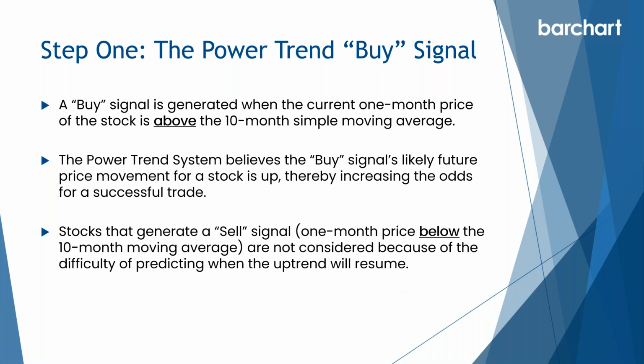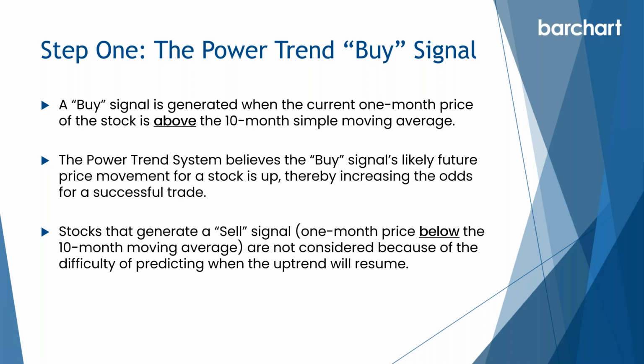A lot of times when it's making a series of new 52-week highs, the stock gets overbought, and we don't want to take a position when the stock is overbought. So we look at step 2 in our trade selection process, to jump into a price uptrend.